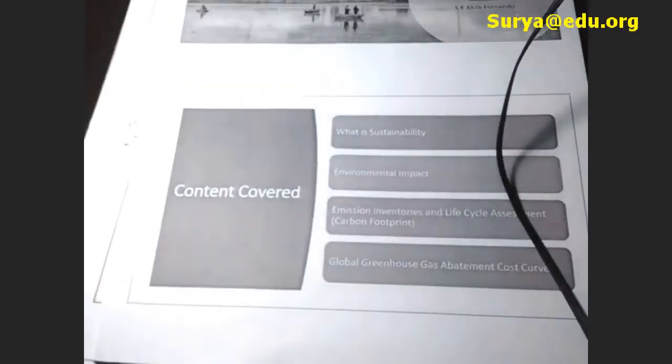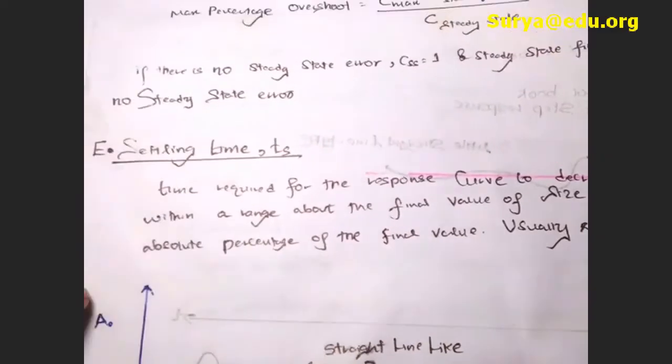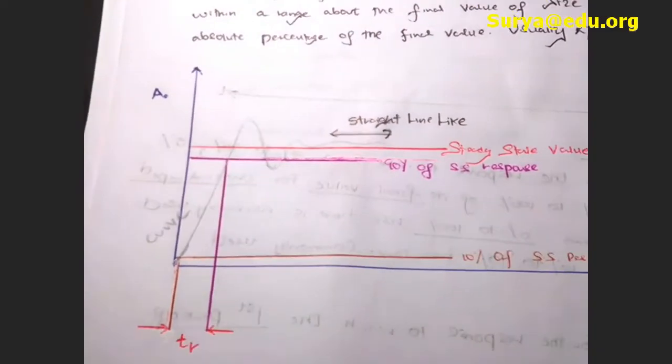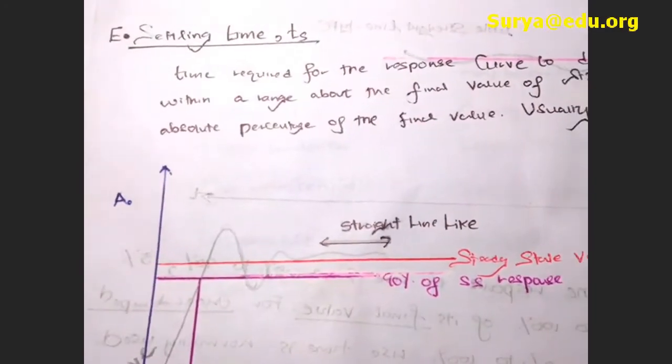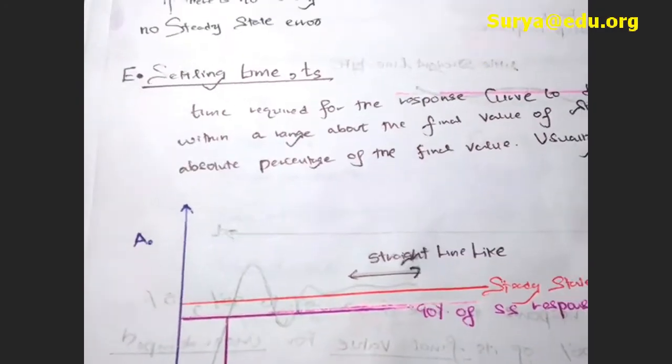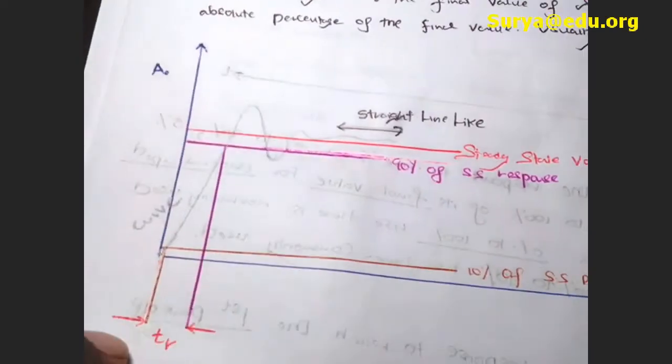So that is what I call the settling time. Some important curves are there, as you can see.